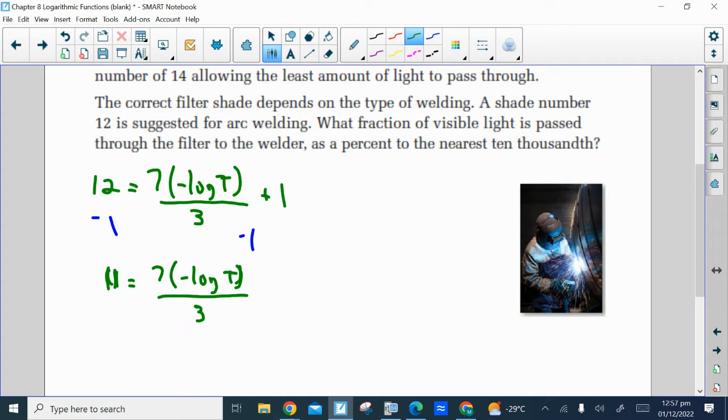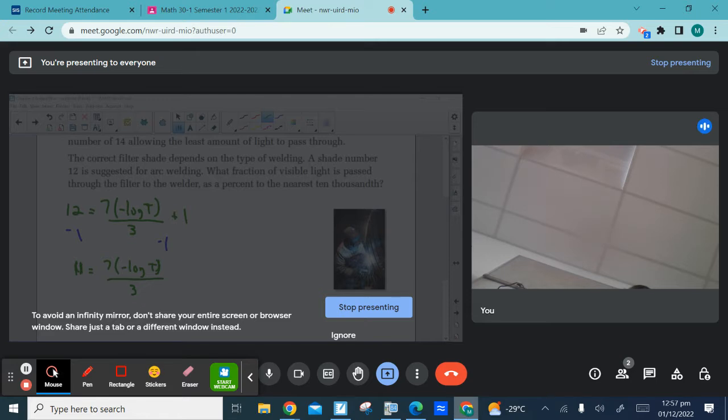I can multiply by 3 and divide by 7. That's the same as dividing by 7/3. And dividing by 7/3 is the same as multiplying by the reciprocal. Multiply by 3, divide by 7. So I'll take the 11.